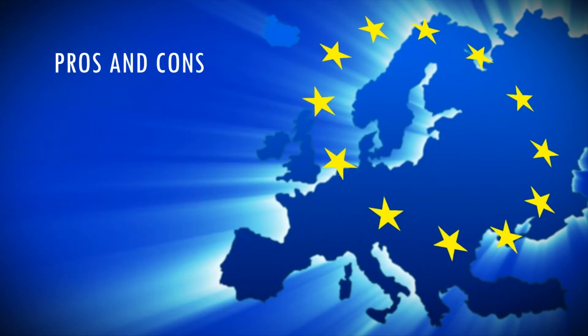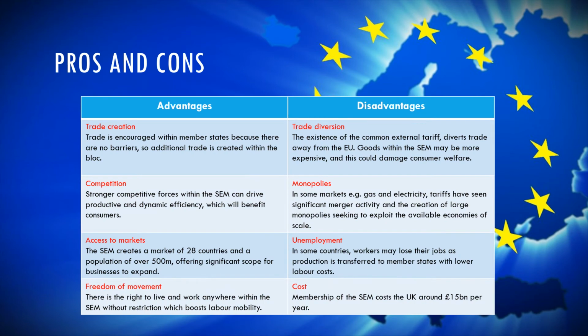The pros and cons of being part of the European single market. Well, an advantage of being part of the EU is that trade is encouraged within member states, and that can benefit members' economies. There may be stronger competition within the market, which can make firms more efficient and can also benefit consumers through more choice and lower prices.